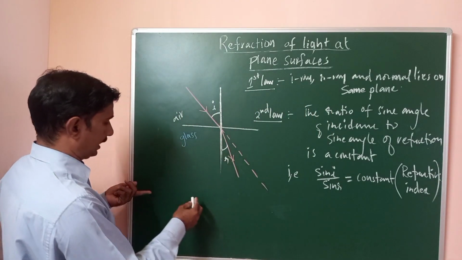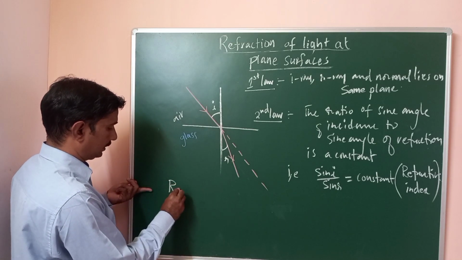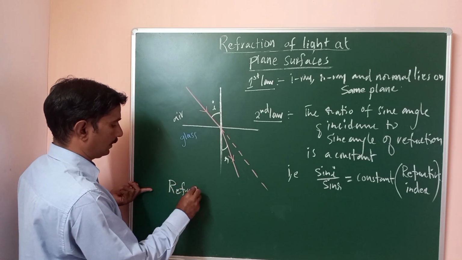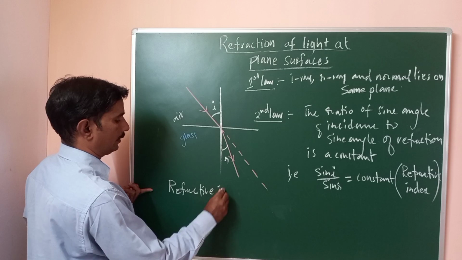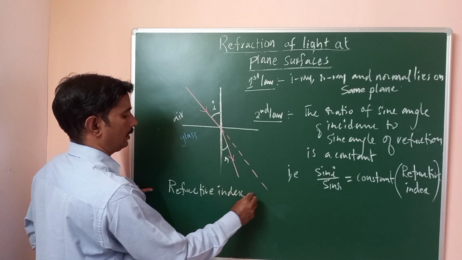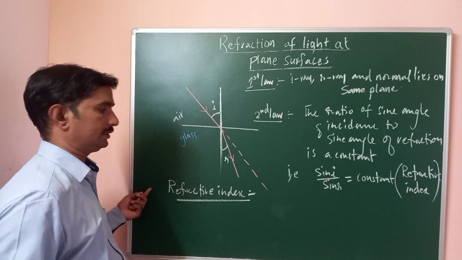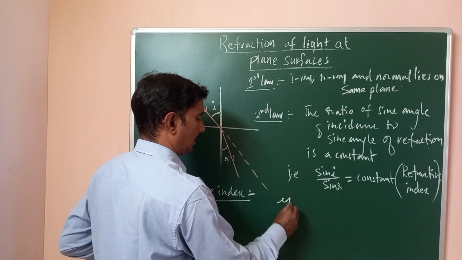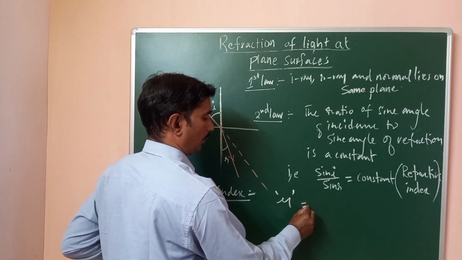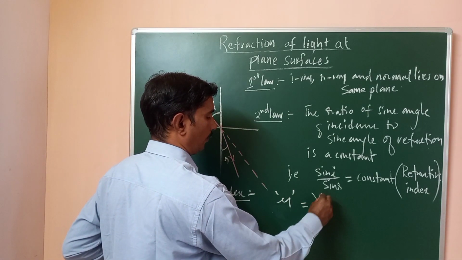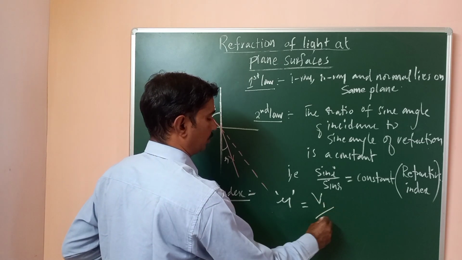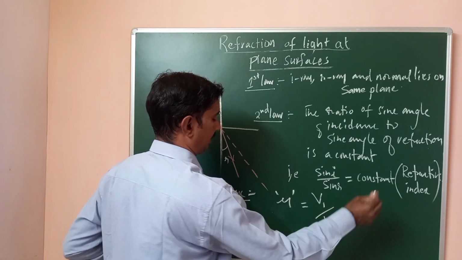This refractive index can be defined as the ratio of velocity of light in the first medium to velocity of light in the second medium.